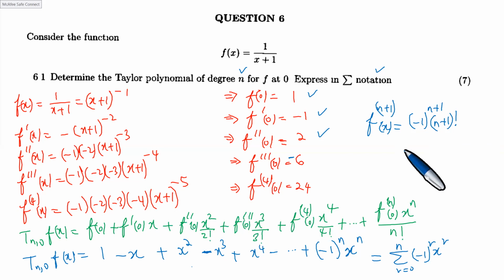And then at the end of the day, we divide by (x+1) to the power n+1, evaluated at 0. Right, so now we have that.